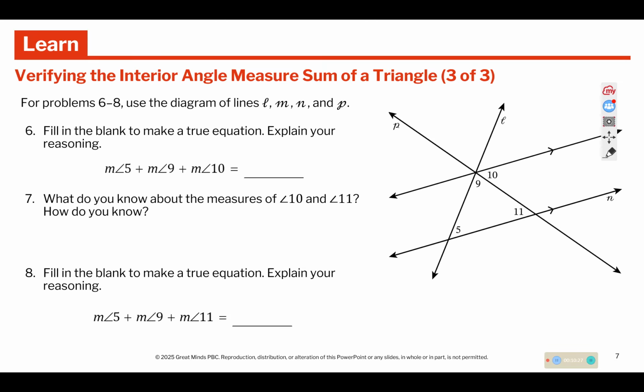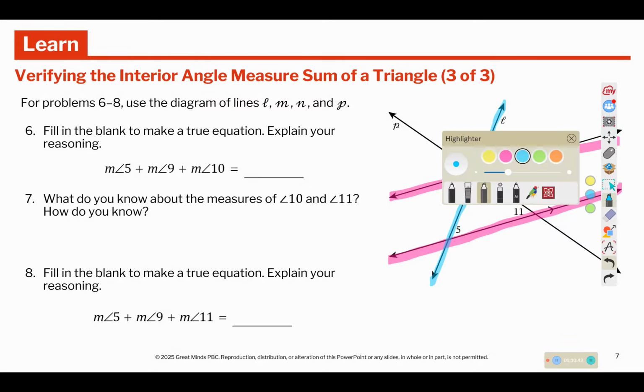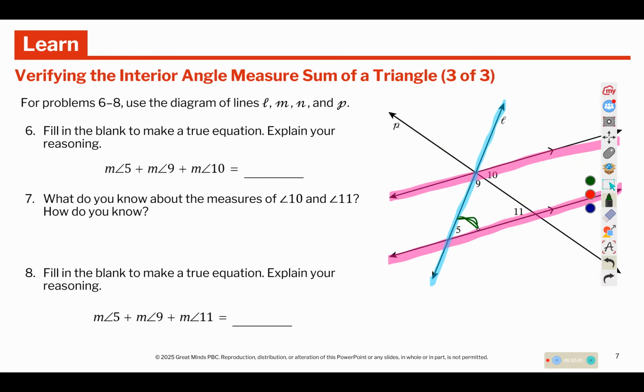For 6 through 8, use the diagram of lines L, M, N, and P. Fill in the blank to make your equation true. Explain your reasoning. Well, I know that angle 5 is the same as this angle here because I have two parallel lines cut by a transversal.